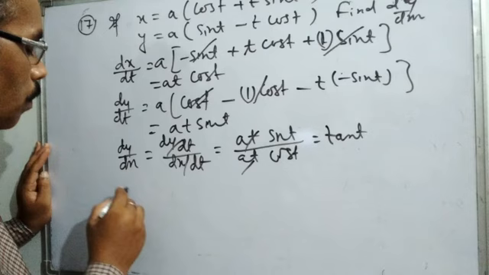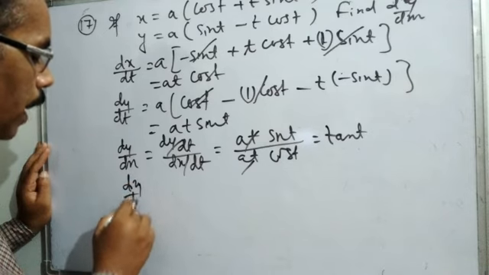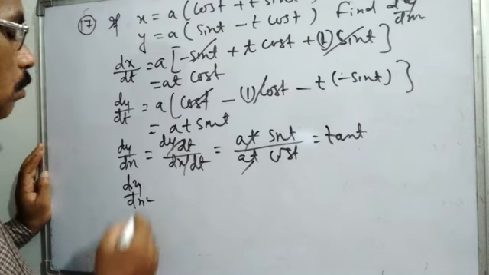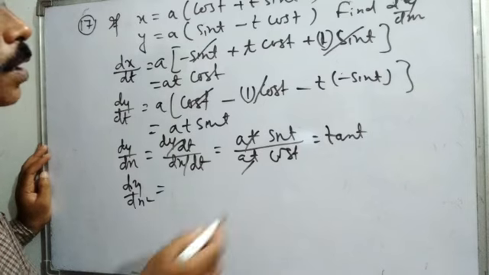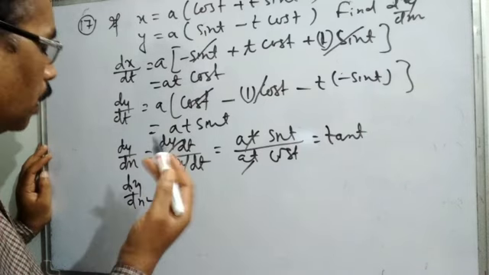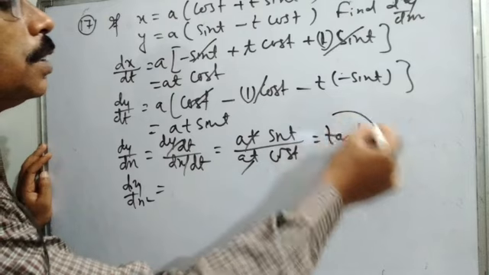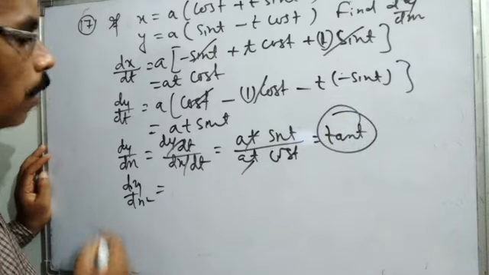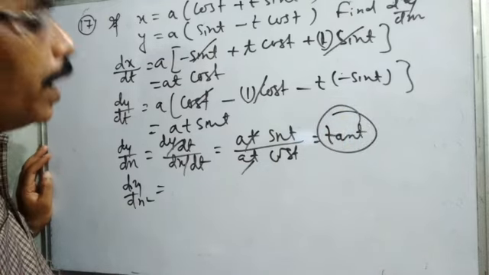So what now? We have to find d2y/dx2, the second order derivative. But there is some problem. This is a function of t, but we have to find the derivative with respect to x.